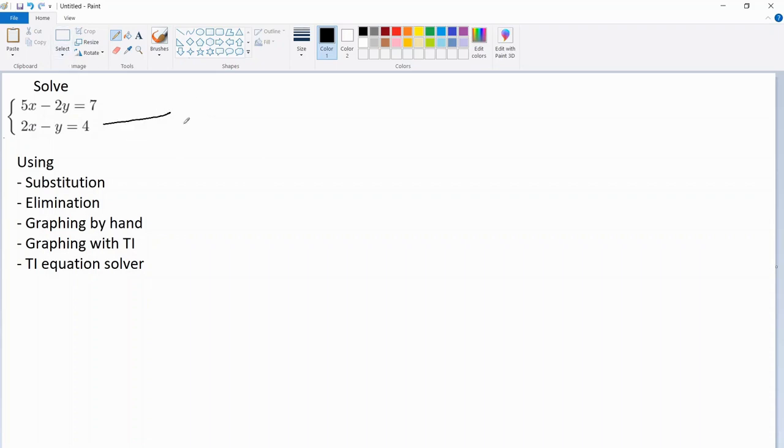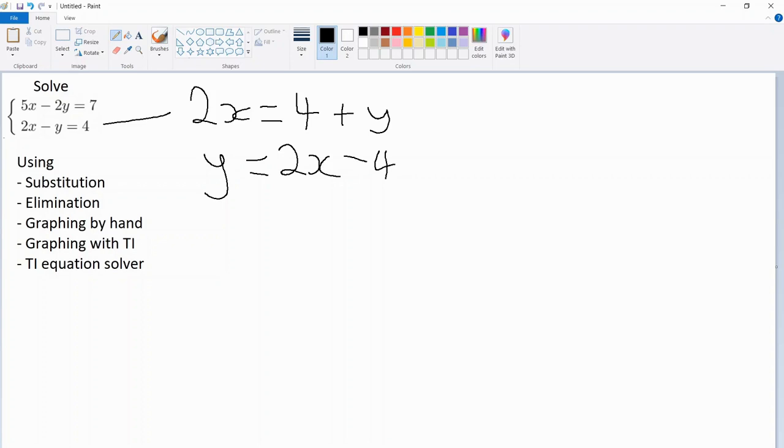I'm going to switch the sides of the y by adding y to both sides, so x equals 4 plus y. And then swap the sides, keep the y on one side, and then subtract 4 to get y equals 2x minus 4.